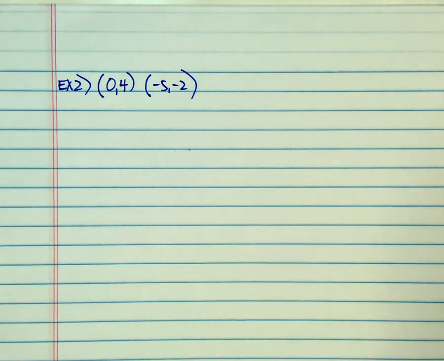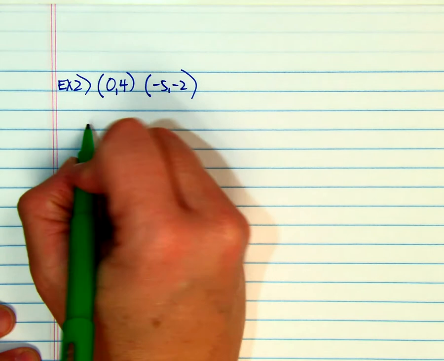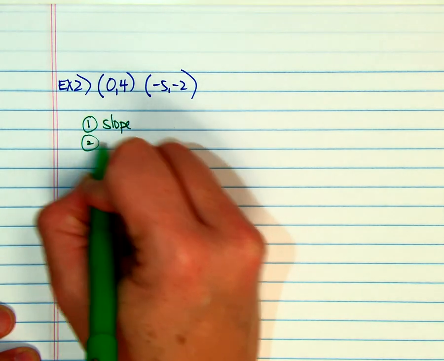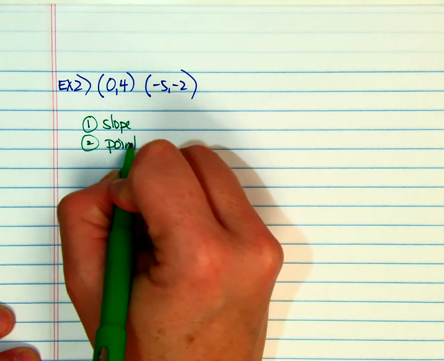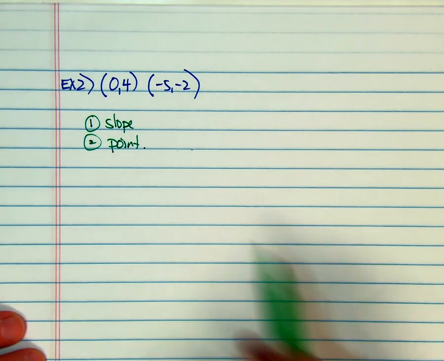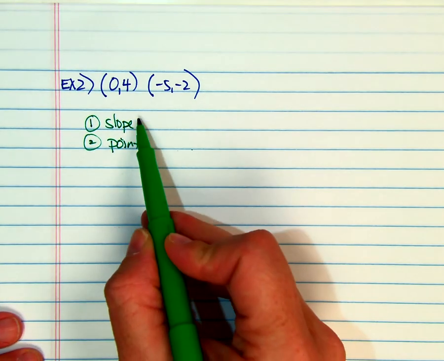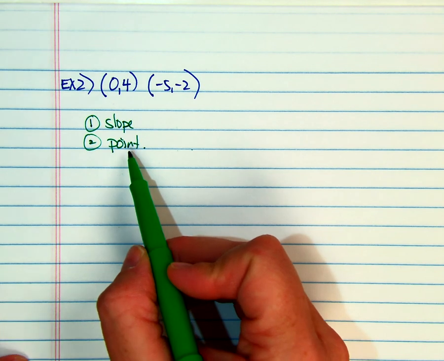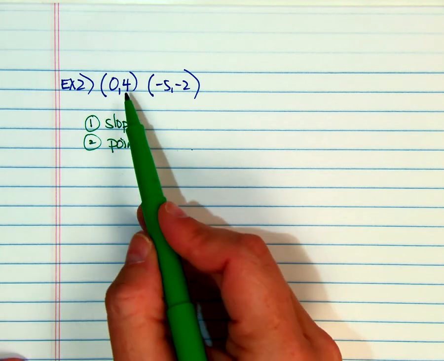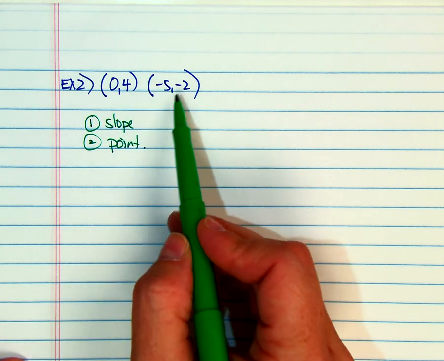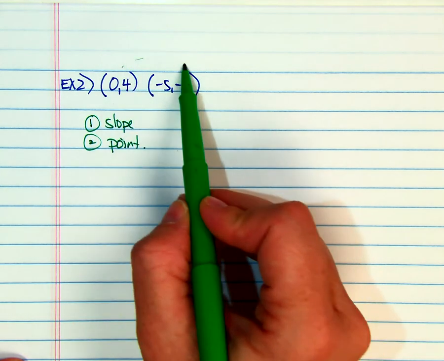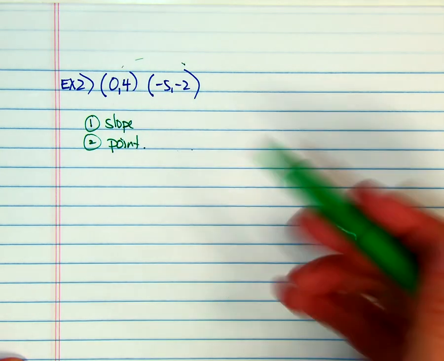So I said that you had to have 2 things in order to write an equation. 1 was the slope, and 2 was a point. So I'm looking at this going, I don't have the slope, and I have 2 points, and I only need 1. But do I have enough information to find the slope? And that is yes, because I can use these 2 points and use the slope formula.